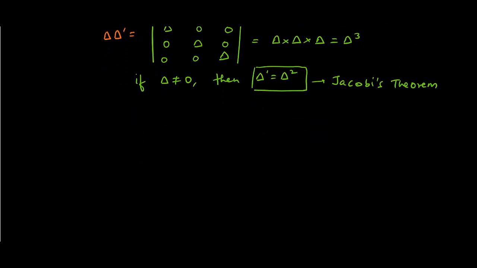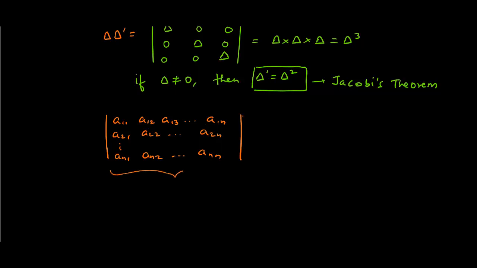In case of generalization, suppose you have a determinant like a11, a12, a13 up to a1n. Then you have a21, a22, and so on up to a2n, and finally you have an1, an2 up to ann. Suppose I call this determinant delta, and I multiply this determinant with another determinant which is obtained by using the cofactors of this.